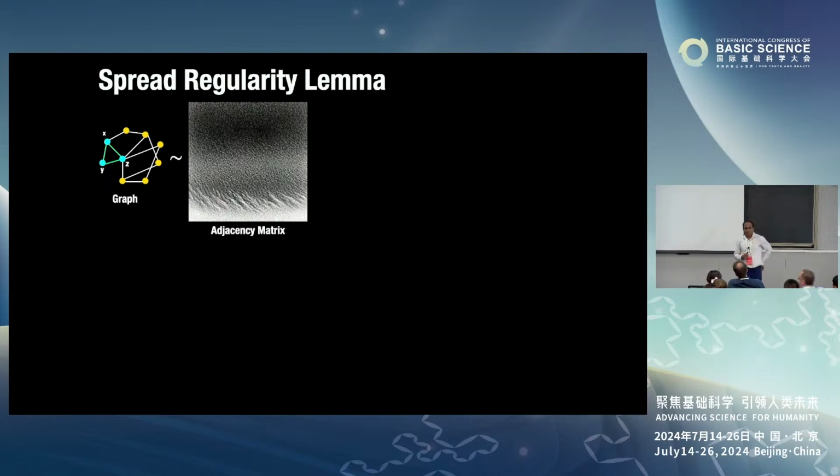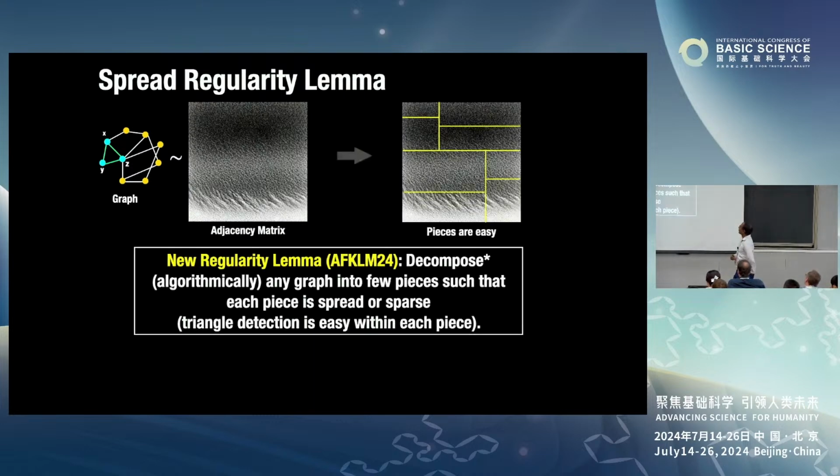Undirected. This is just a random person. Do this to make it symmetric. Okay, so what you do is you take it and split into pieces. You can do this in an algorithm.